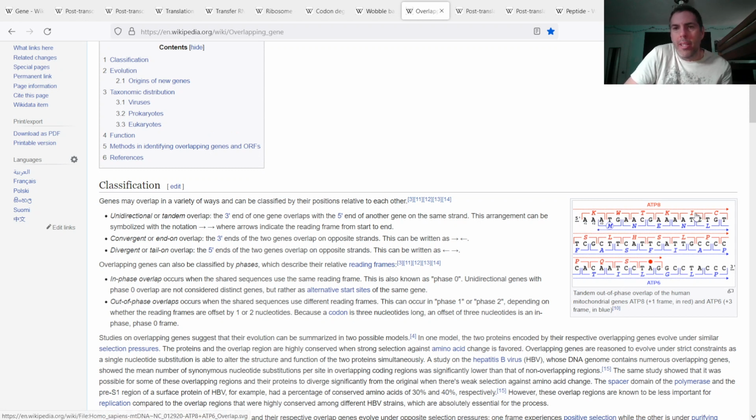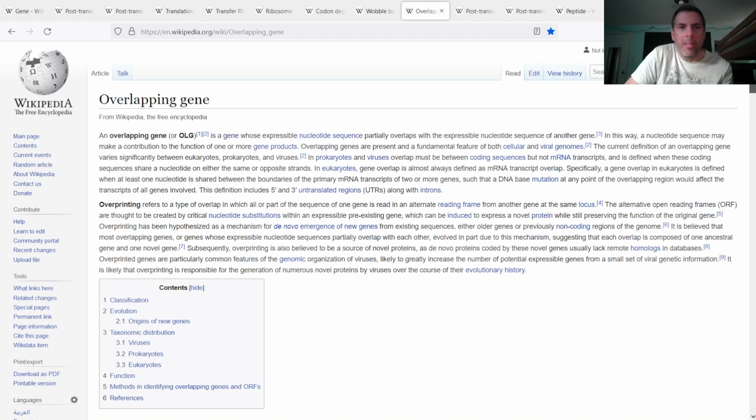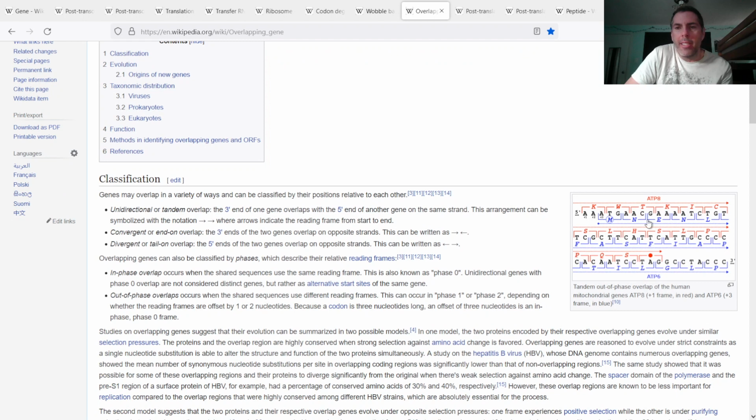So there's 2 strands of DNA. There's 1 strand of messenger RNA, and so there's 3 different frames on it. I guess this page is overlapping genes, so this is at the DNA level. At the DNA level, there's 6 different frames, 3 on one strand and 3 on the other strand going anti-parallel.